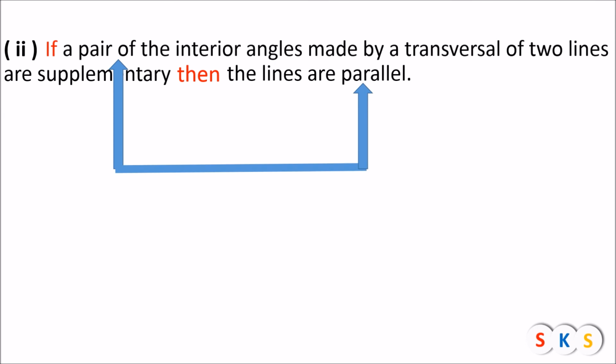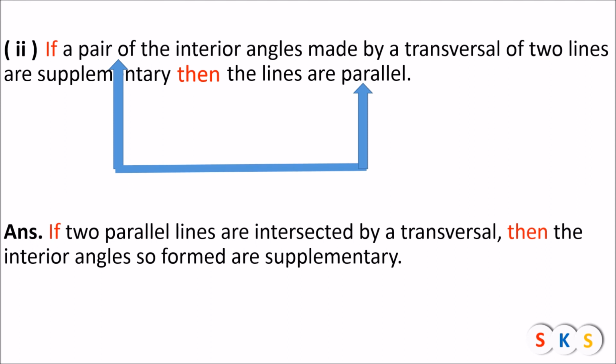What is the antecedent over here? A pair of the interior angles made by a transversal of two lines are supplementary. And what is the consequent? The lines are parallel. We will interchange this. What will we get? If two parallel lines are intersected by a transversal, then the interior angles so formed are supplementary.